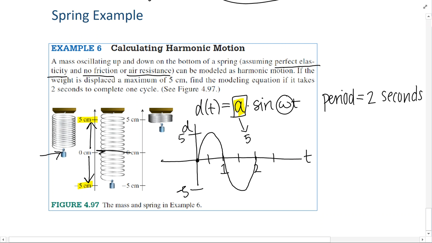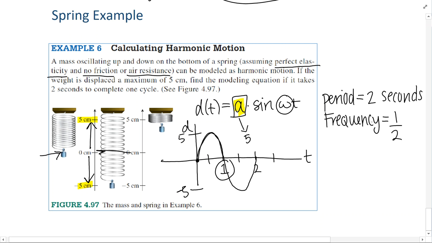We can work that backwards to get a frequency. The frequency is how many cycles in 1 unit of time. So in 1 second, it does half a cycle. Basically, these are just reciprocals of each other.